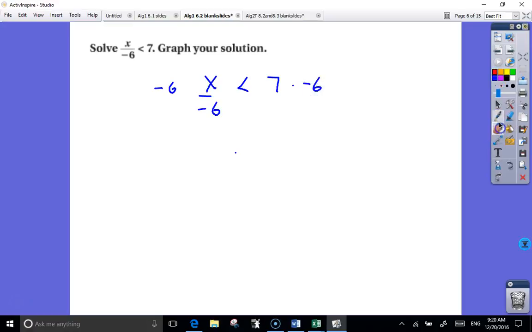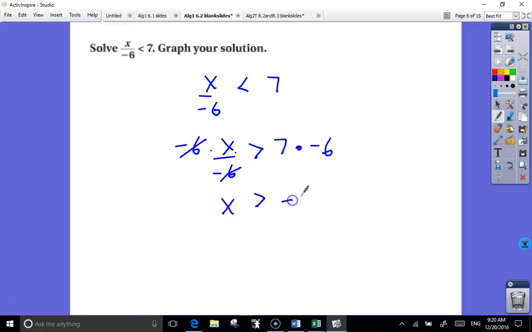So I usually don't write it on the same line. I'm going to write it on the next line and change the symbol at the same time. -6 times x over -6 is greater than 7 times -6. Okay, now I can simplify. x is greater than -42.